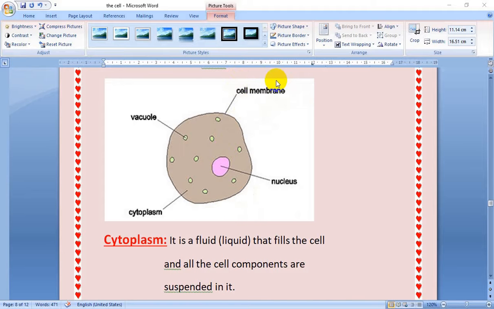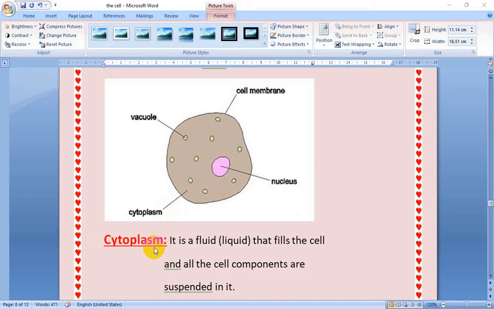Number two, cytoplasm. It's a fluid or liquid that fills the cell and all the components are suspended in it. And we said before that suspended means swimming in it. What is its function?